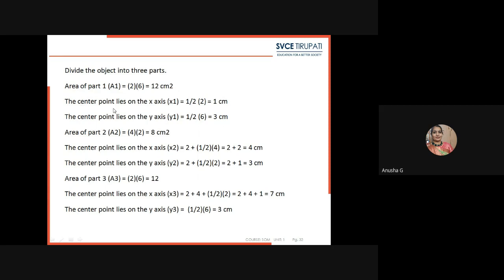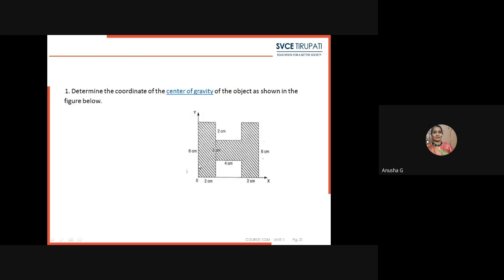Then next I want to take the center point, which lies on the x-axis. Center of point lies on the x-axis, you can observe here. From this point I am taking, this will be my x-axis. First one, for this, 2 by 2 is a half, that is, 1 is my first centroid.